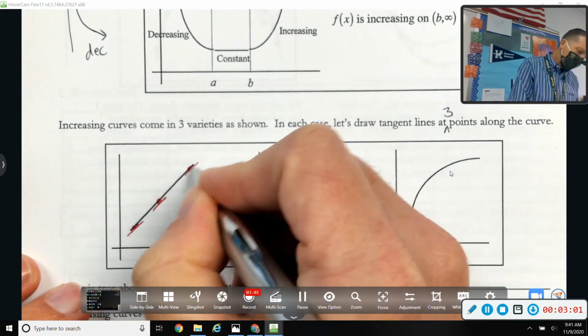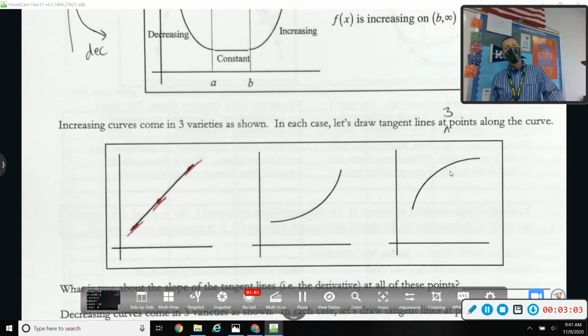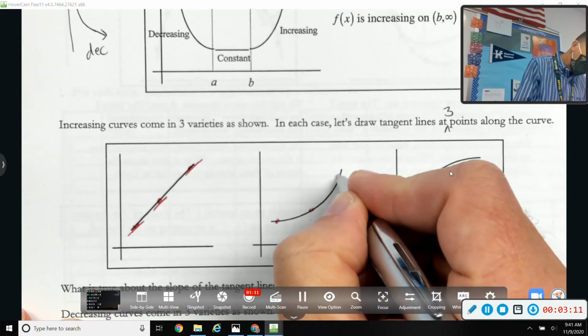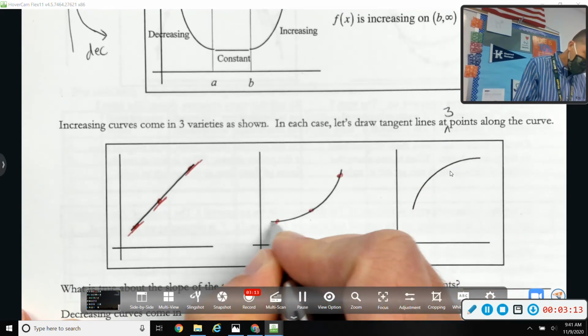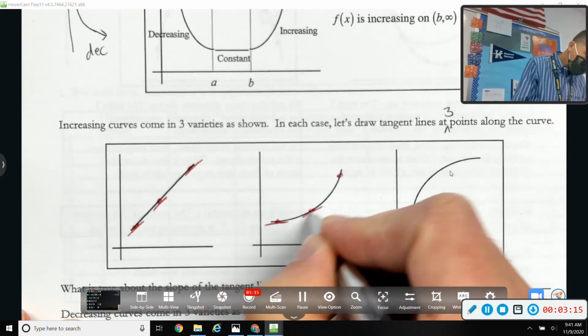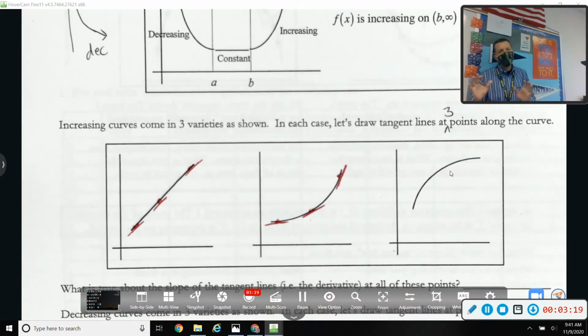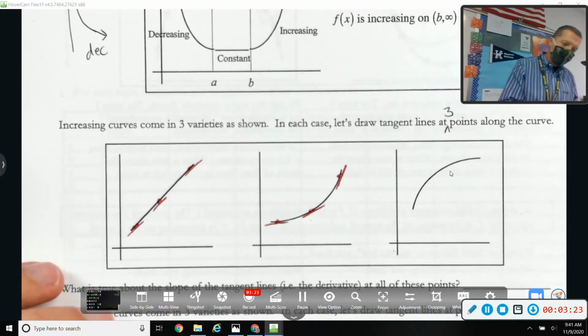So that's a little bit odd. Makes a little more sense on the next 2. So pick 3 points. Do little tangent line pieces. You don't have to do the full line because then they overlap and it looks a little bit crazy. So tangent line segments is almost a better way to say it.